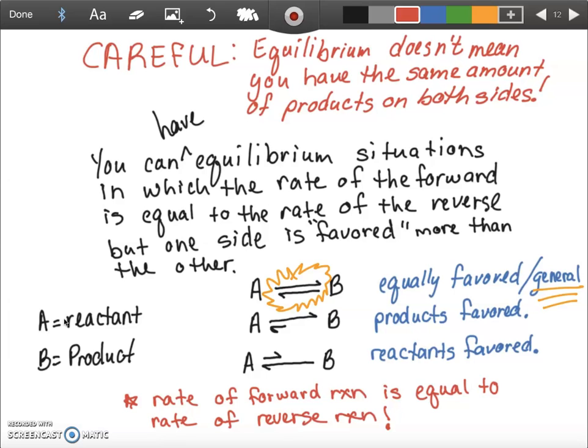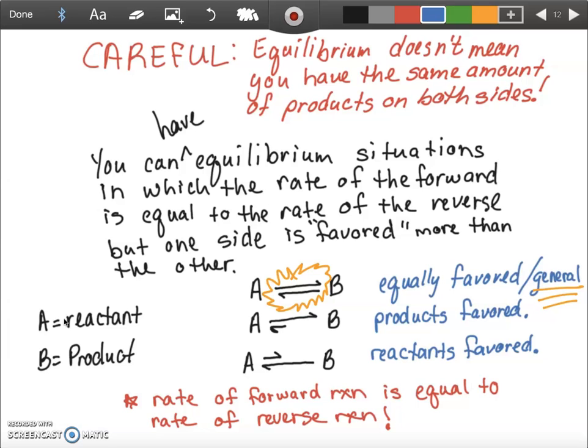The second type of arrow that you could see is in the case in which the forward reaction is favored. So you'll see a longer forward arrow and a shorter reverse arrow. This indicates that the products are favored. The rate of the forward reaction is still equal to the rate of the reverse reaction. You will just end up with more product than reactant.